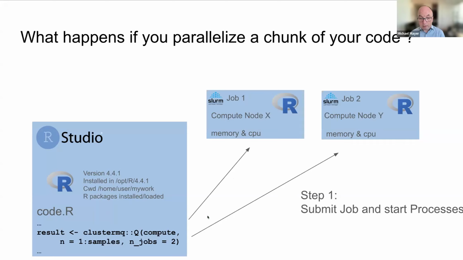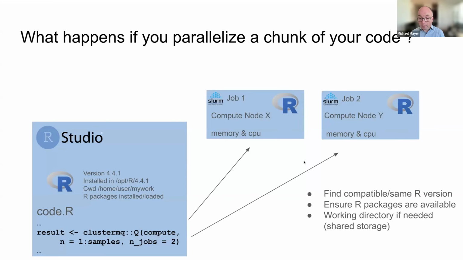So it will submit 2 jobs, that's what we told it to do, and within the job, it will start running our processes. Each of those processes or jobs will live in their own resource allocation for memory and CPU.